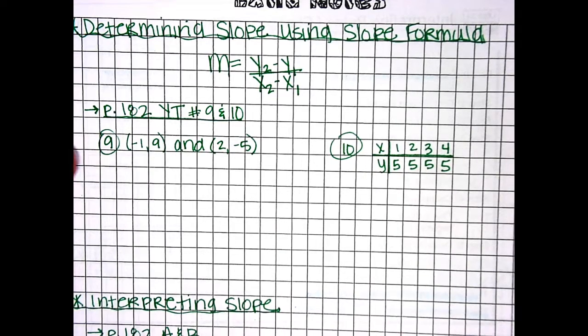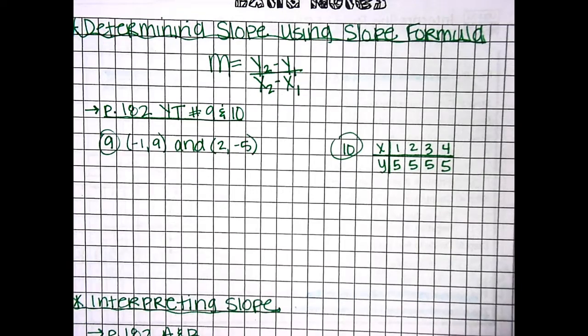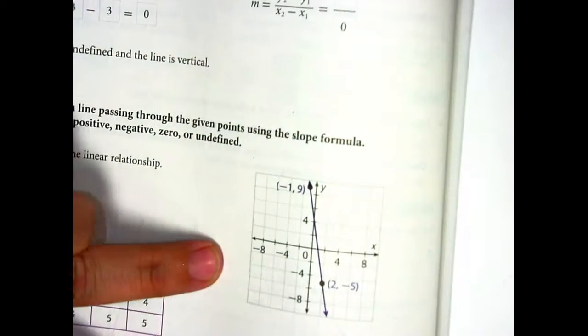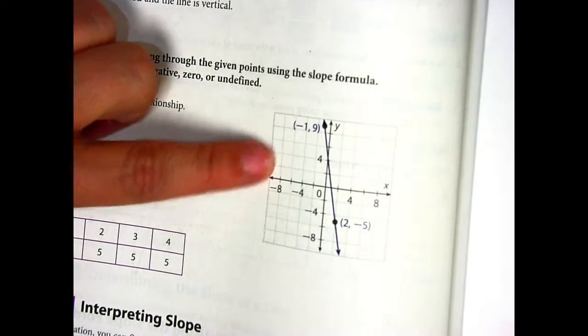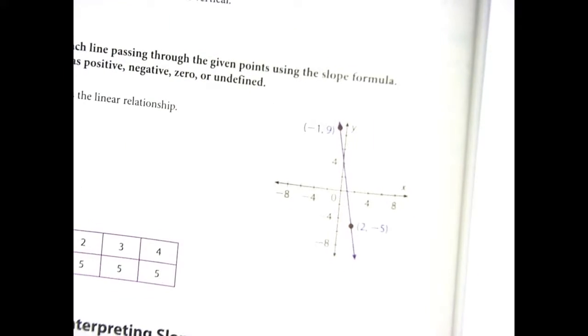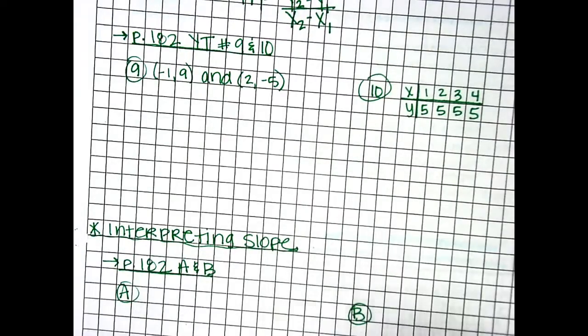We're going to find the slope of the line and then tell whether it is positive, negative, undefined, or 0. So there's the graph for the first one. So I wrote down the 2 points, -1, 9, and 2, -5.